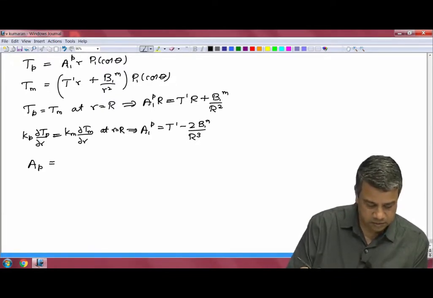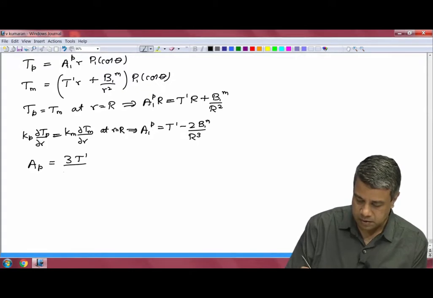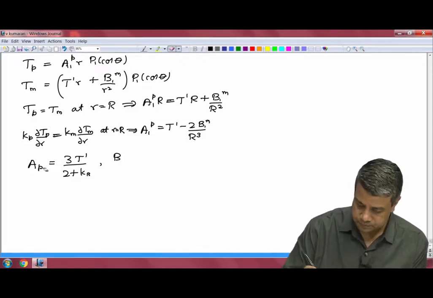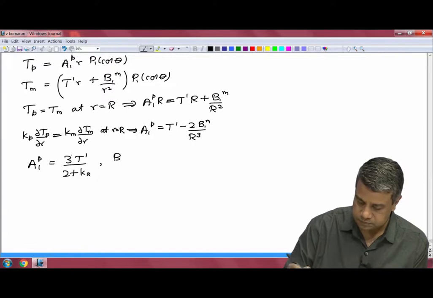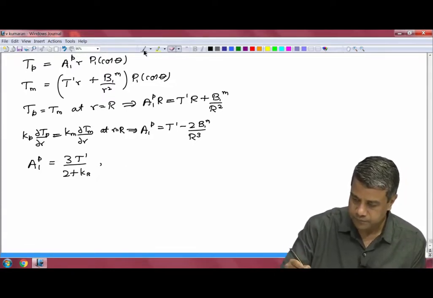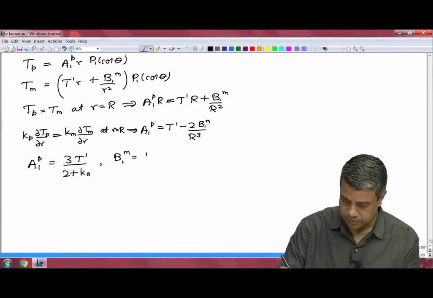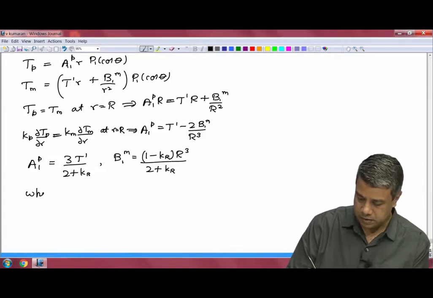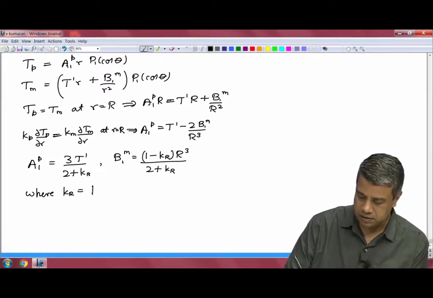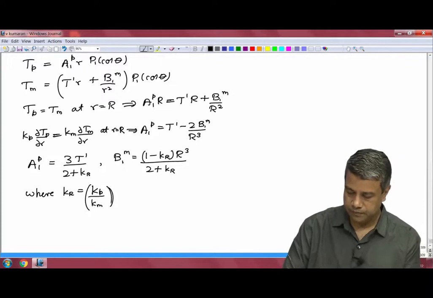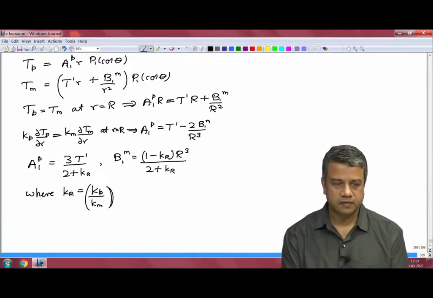The solutions are A1P is equal to 3 T prime by 2 plus K R, and B1m is equal to a similar expression, where K R is equal to the ratio of the conductivities of the particle and the matrix.